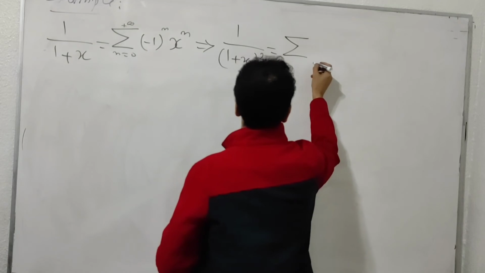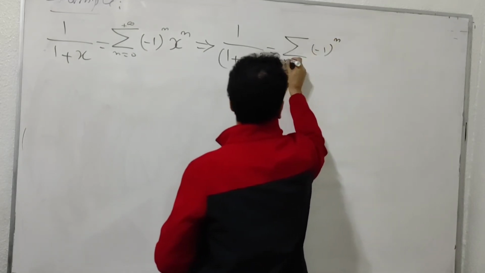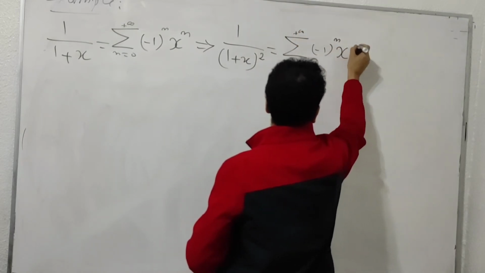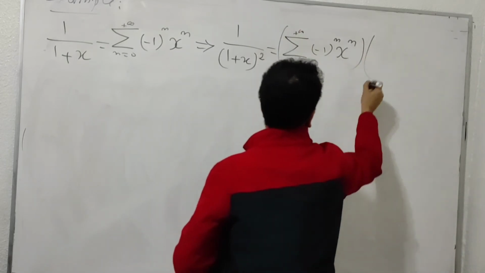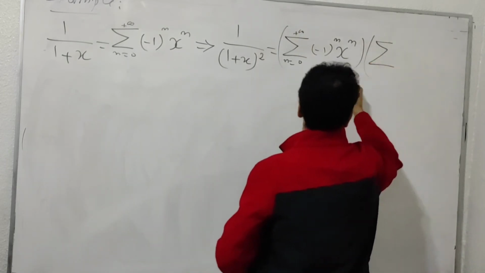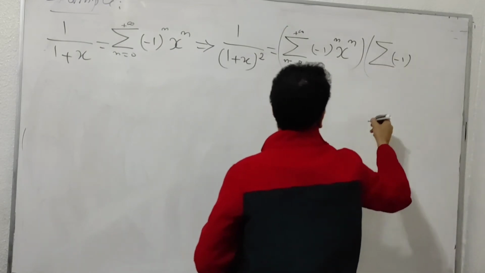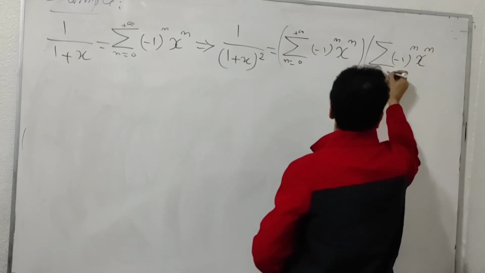So I will get the sum of minus 1 to the n multiplied by x to the n, as n goes from 0 to plus infinity, and the whole thing is multiplied by the same series itself, because we have the square.